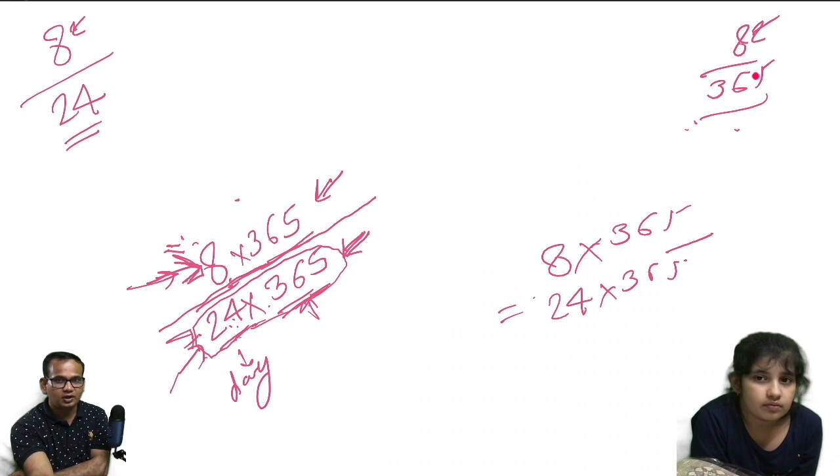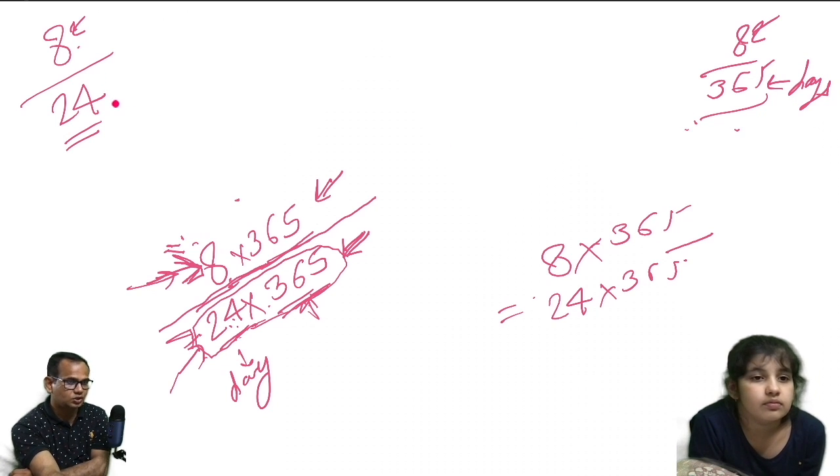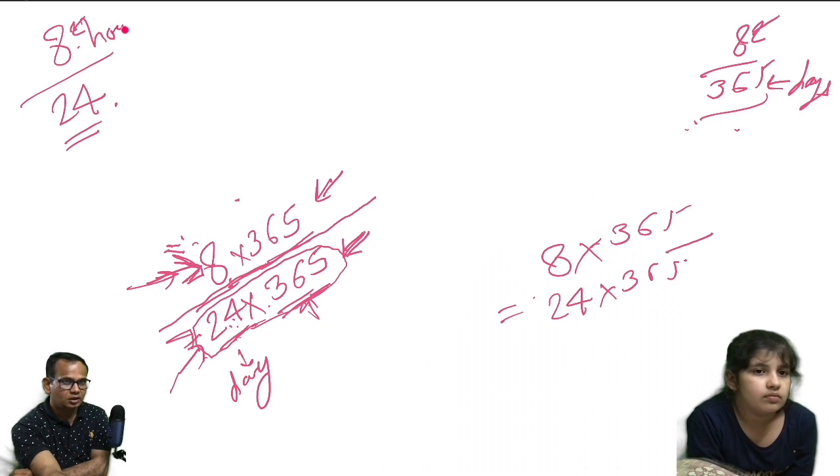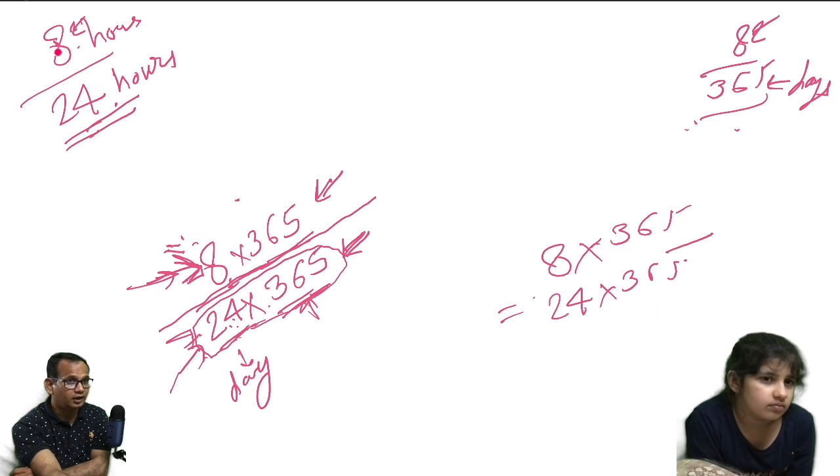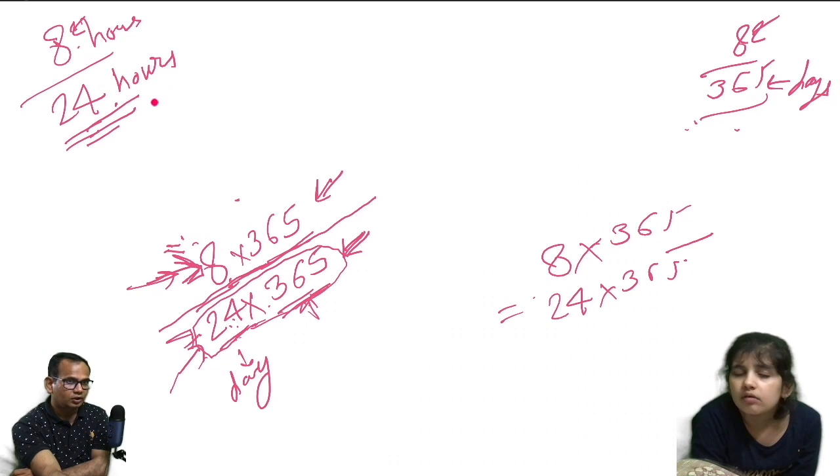This is a number of hours and this is days. You cannot do it that way. This is hours and this is also hours. So 8 hours out of 24 hours, in a day we sleep. Okay, Avisha?